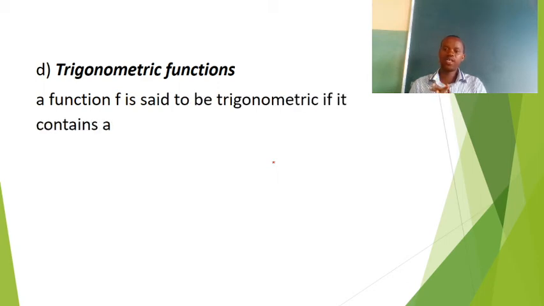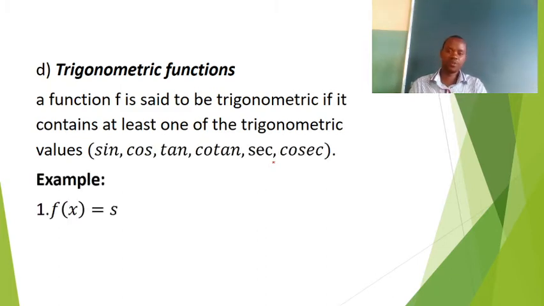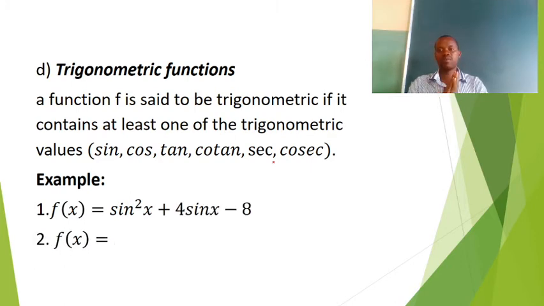A function f is said to be trigonometric when it contains at least one of the trigonometric values. Remember that the trigonometric values are sine, cosine, tan, cotan, sec, cosec.